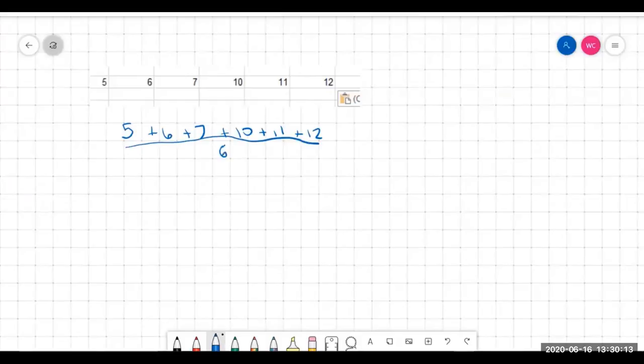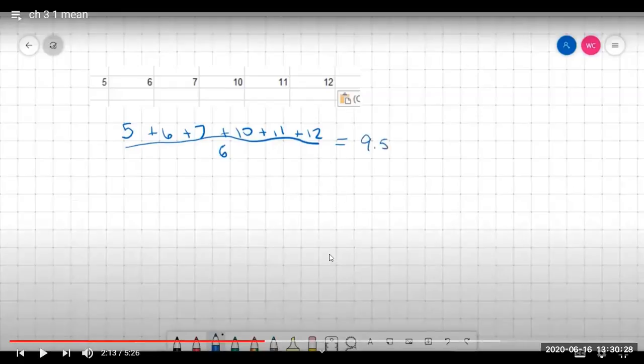I think you can see that this is centered at 7, 8, 9, 10. I guess it's centered at 9.5 maybe. Oh no, that was obviously a mistake. It's not centered at 9.5. It's centered at what? This is basically balanced. You have 5, 6, 7 and 10, 11, 12.